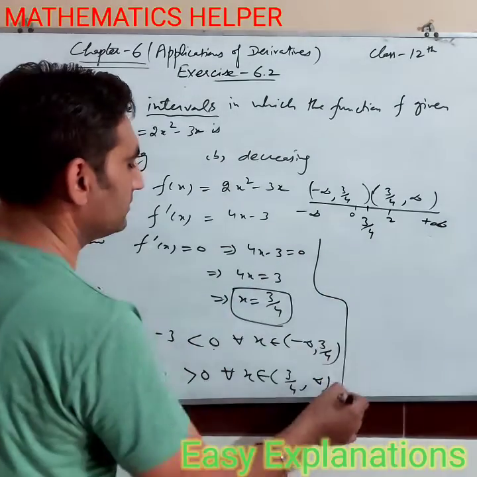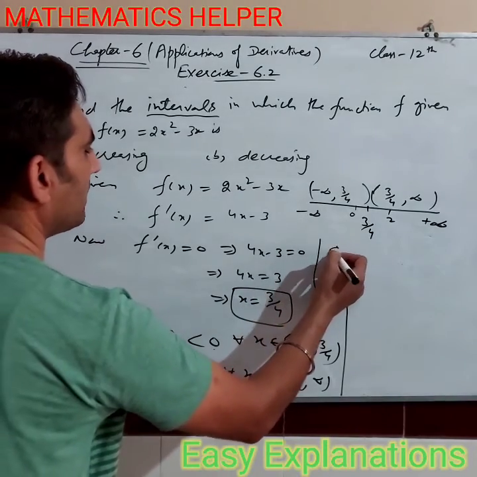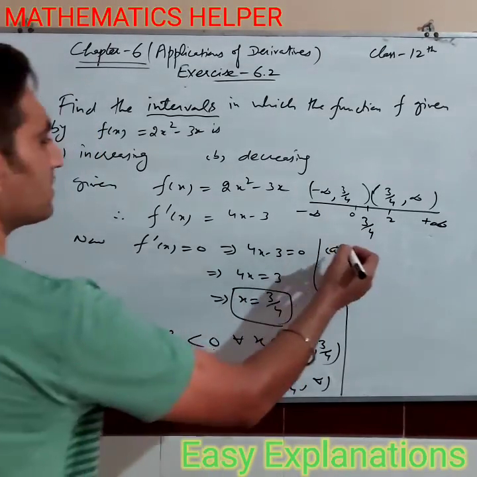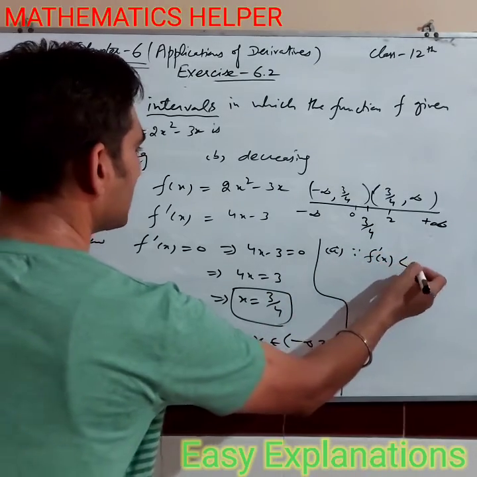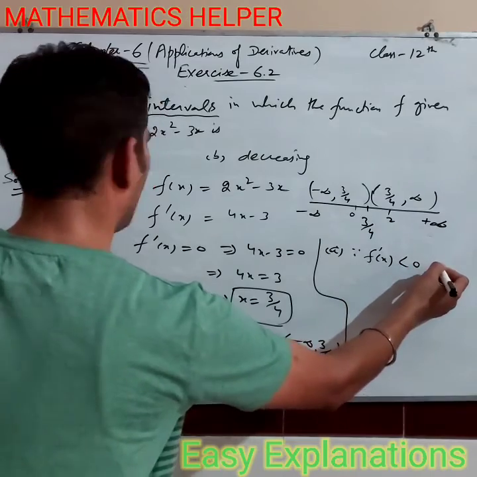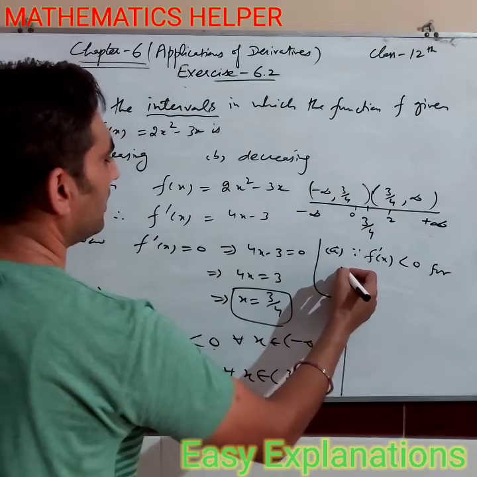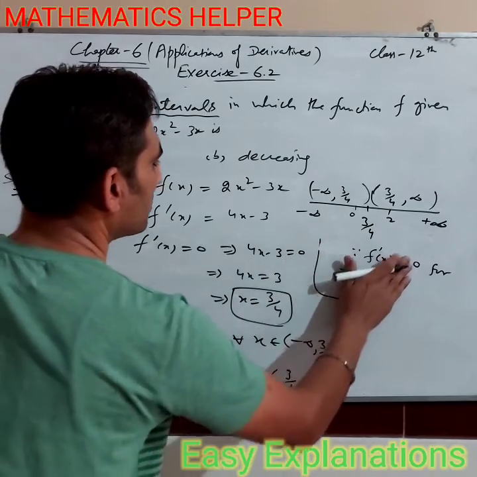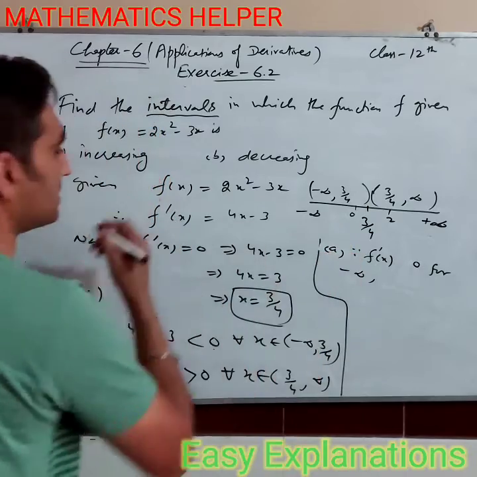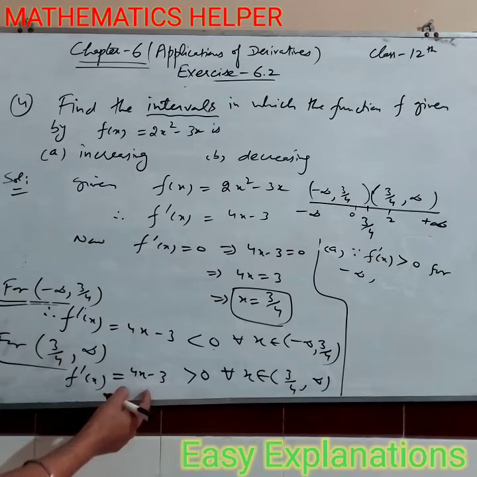So we will write, what will you write? Therefore, for part A, which is increasing, f dash x came greater than 0 in this interval.